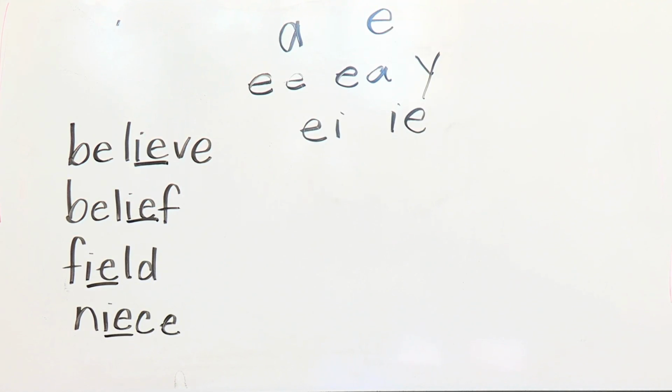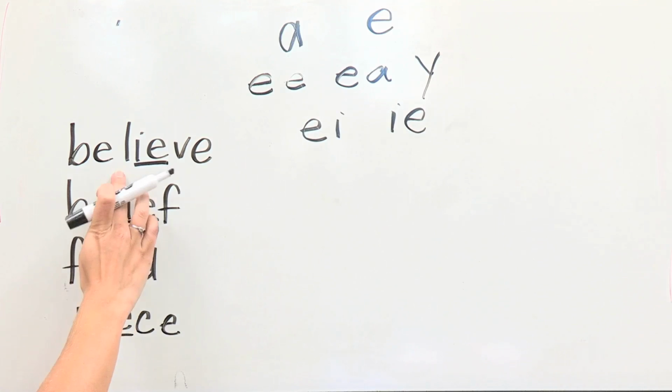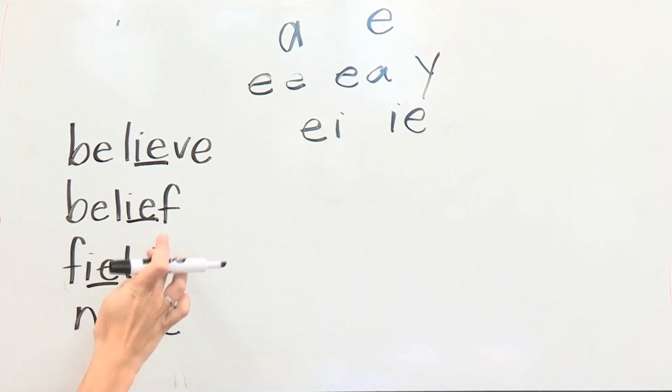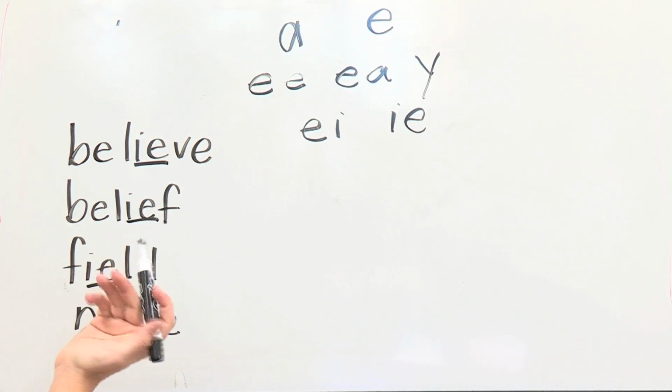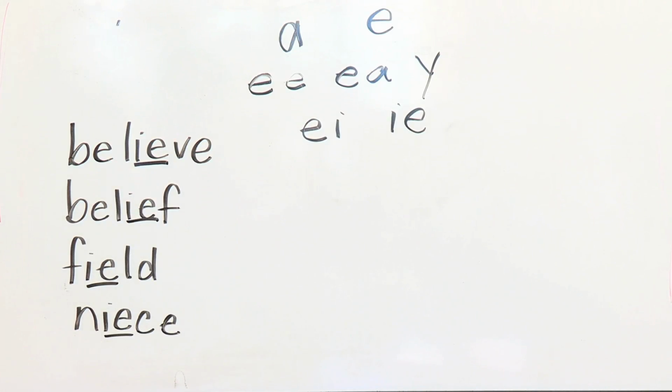All right, they all have the long E sound there, but it's spelled IE. Okay, so keep that in mind. Once again, none of these follow a C, so we'll have to practice by looking at them.